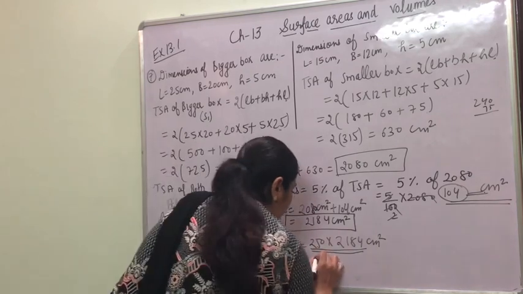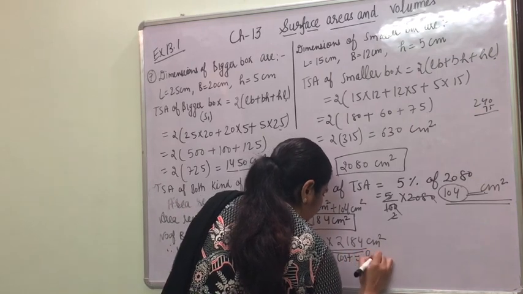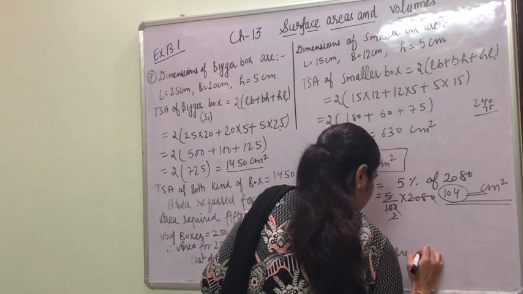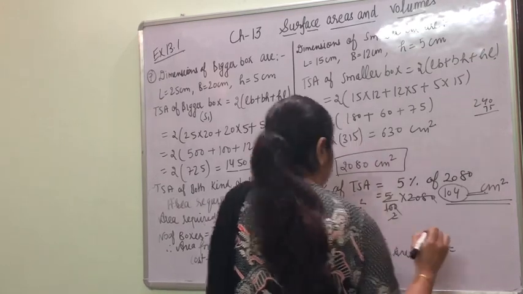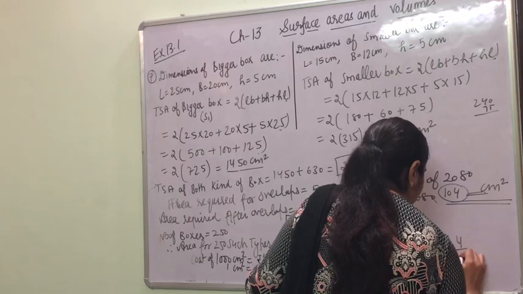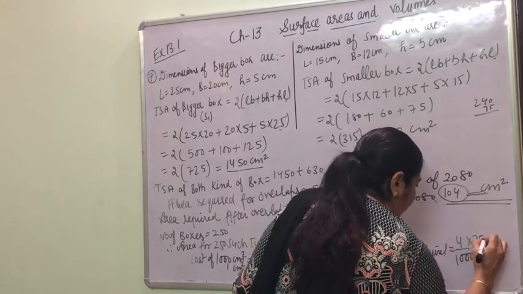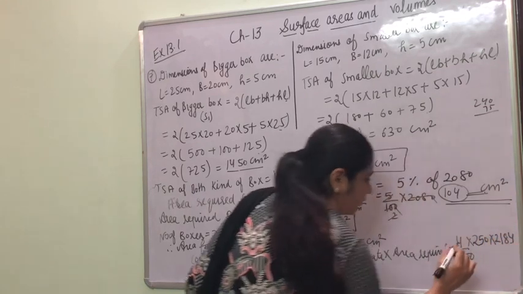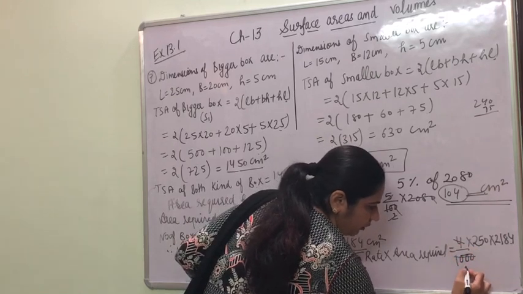So the total cost is rate into area required, which is equal to 4 by 1000 into 250 into 2184. Now 4 and 1000 will be cancelled.